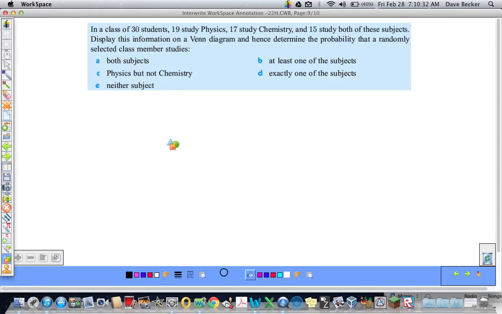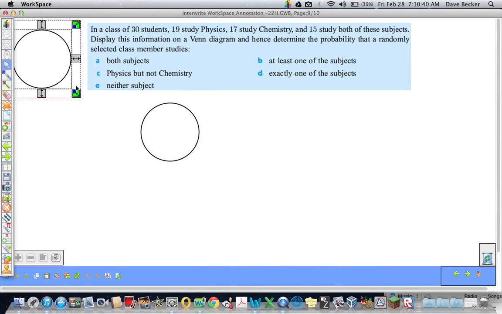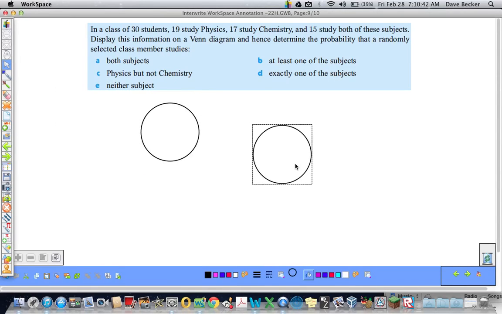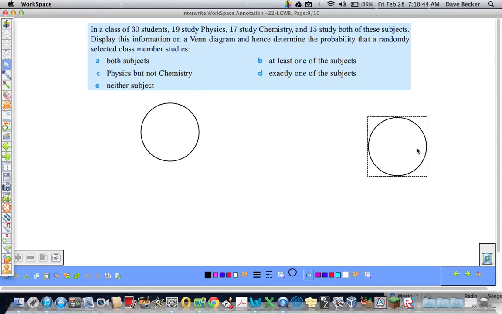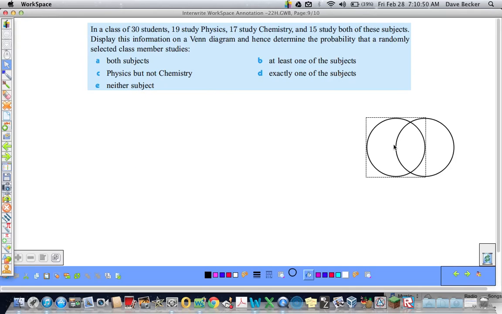Boys and girls, we've got to do a Venn diagram, so let's do the circles first. Okay, so I've got that circle. I'm going to copy it and paste it. Let's have them overlap because we do have students here. Let's get it out of the way over here. Okay, and we'll have it overlap here. Good, and then we need a universal set.